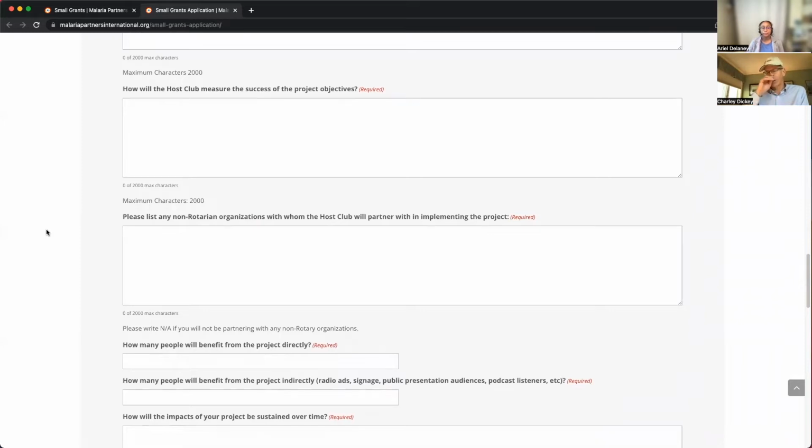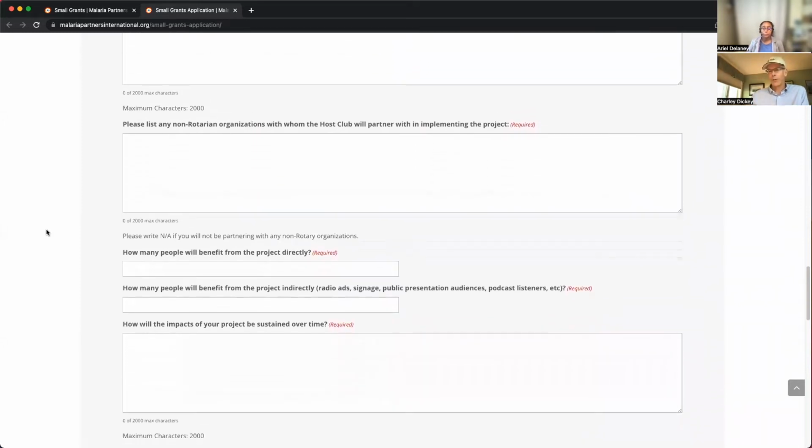Depending on how thorough and complete and thoughtful it is, it will depend on how quickly we can get to it, to review it. If it's very much all those, we might get to it as soon as a week or two.